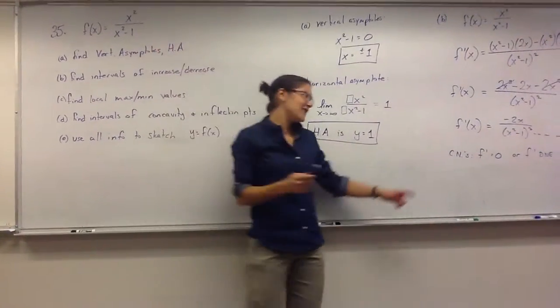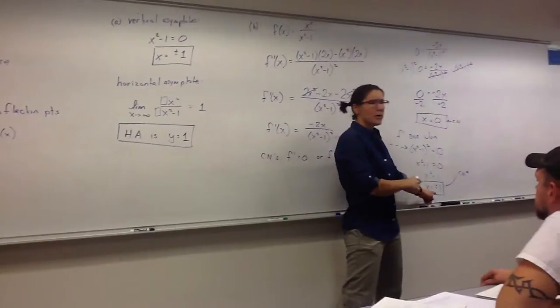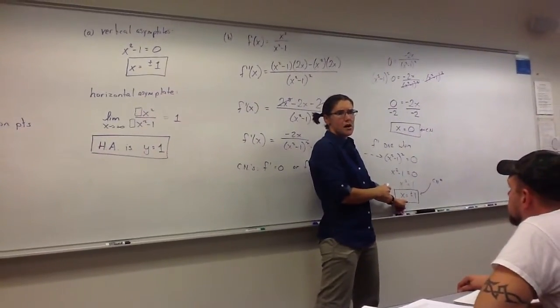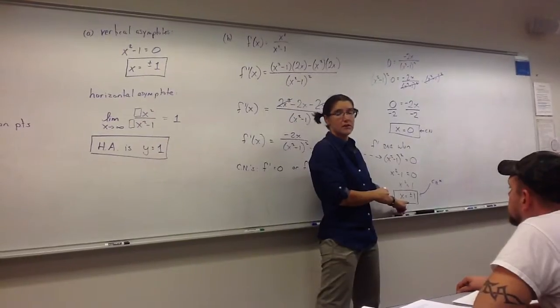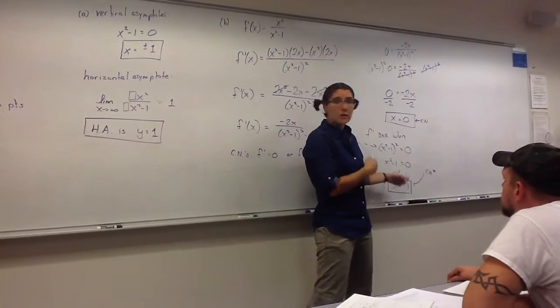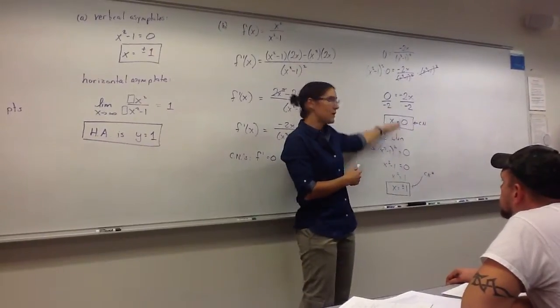So technically, they're not really critical numbers, but they are important because they are places where our f prime value does not exist. Okay, so we want to take them into consideration. So we have 3 values that are important to us. x equals plus and minus 1 and x equals 0.